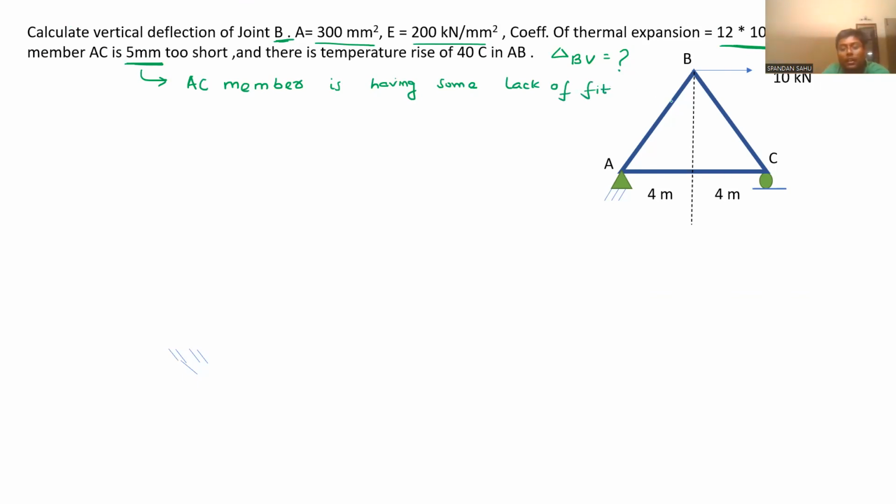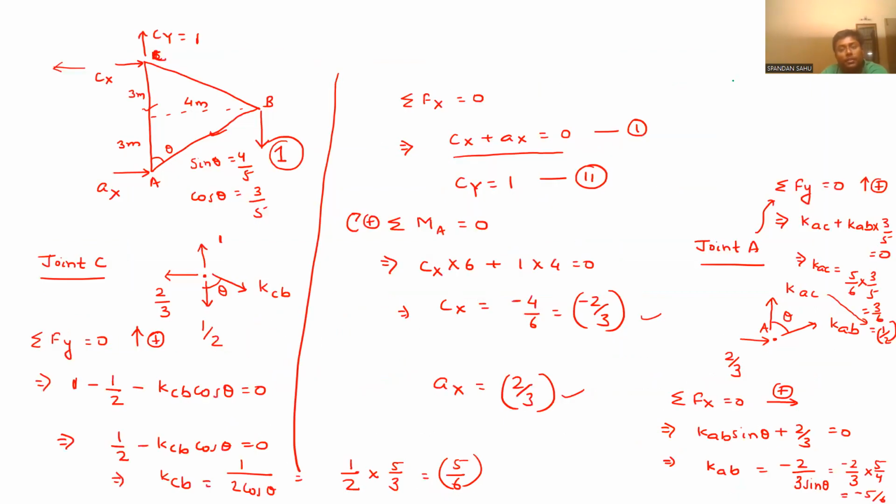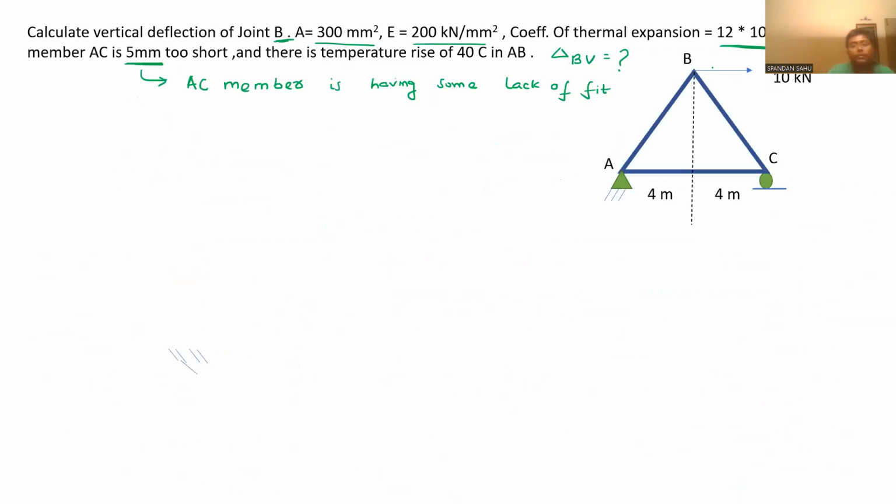So for these cases, we are not calculating these values, but for that problem, this column and this column will also come into picture. So let us do that. And the temperature rise is 40 degrees Celsius. Means delta T is given as 40 degrees Celsius for member AB only.